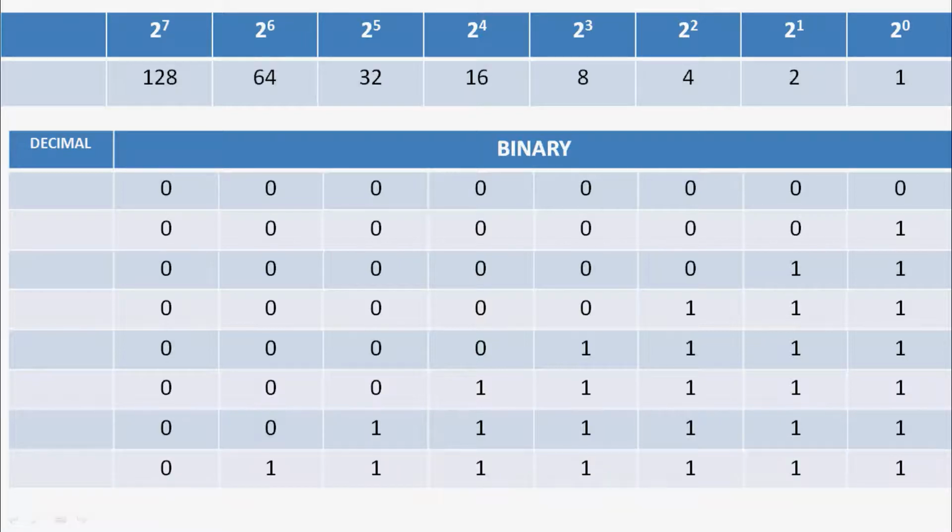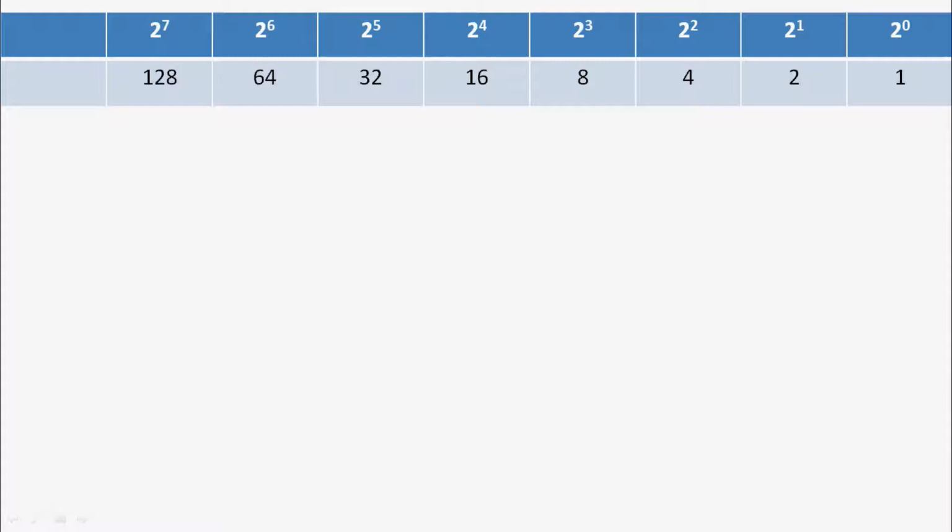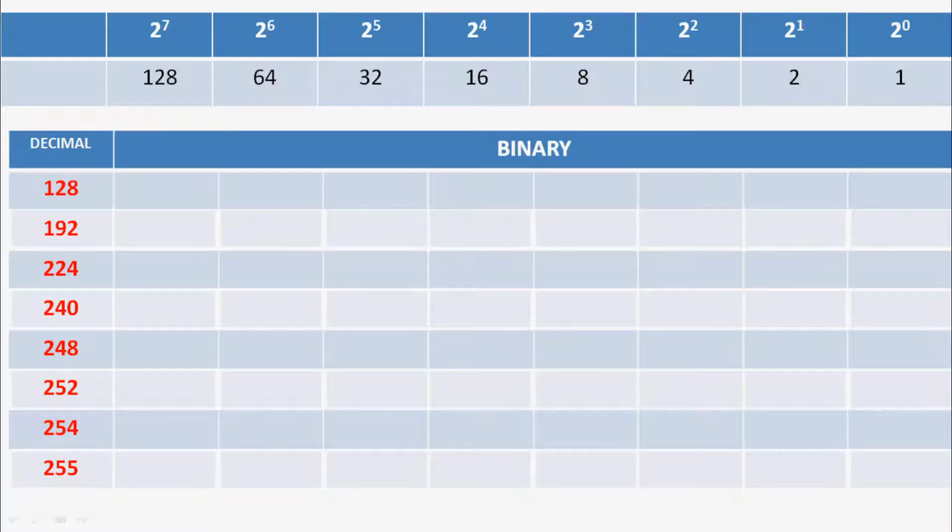In the same way, we can find the decimal value of these binary numbers. We are going to see the binary of 128, 192, 224, 240, 248, 252, 254, and 255.